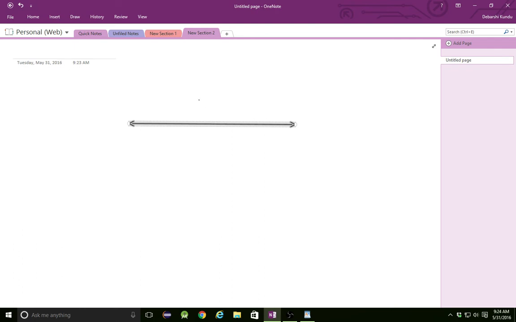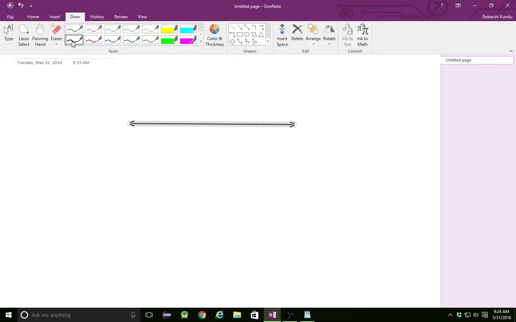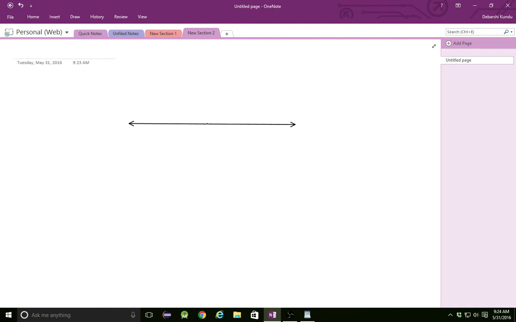We could denote a point right here, and voila, that's a straight angle. A straight angle is exactly 180 degrees.